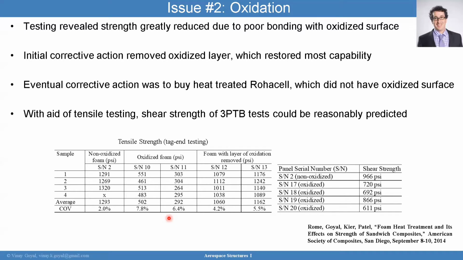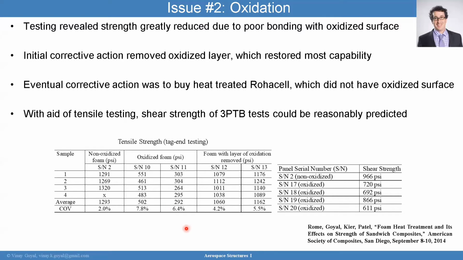It wasn't quite as dramatic with the shear strength testing, but we knew that we were getting the wrong failure mode, because the intent of the test wasn't to measure the interface. The intent of the test was to evaluate the effects of having butt joints, of having two pieces of foam together and potentially changing the thickness.